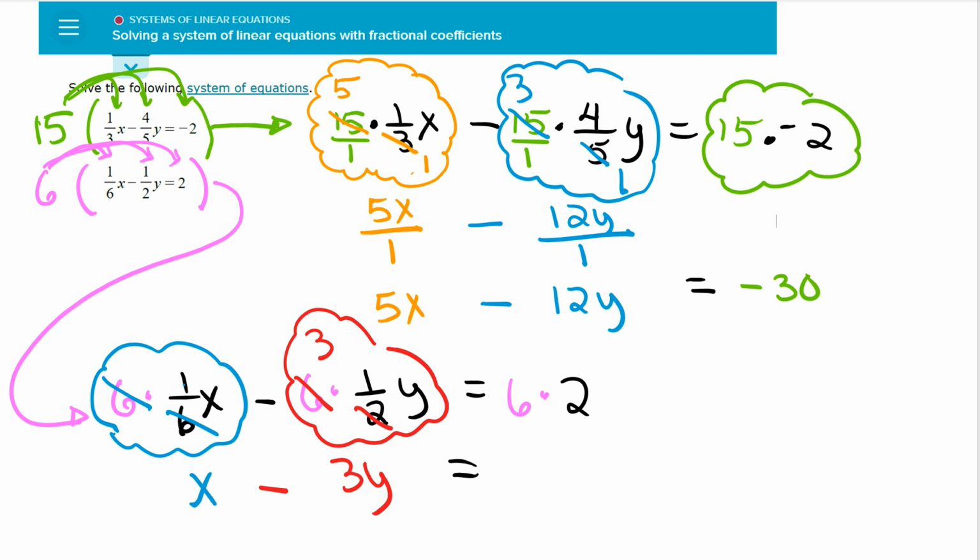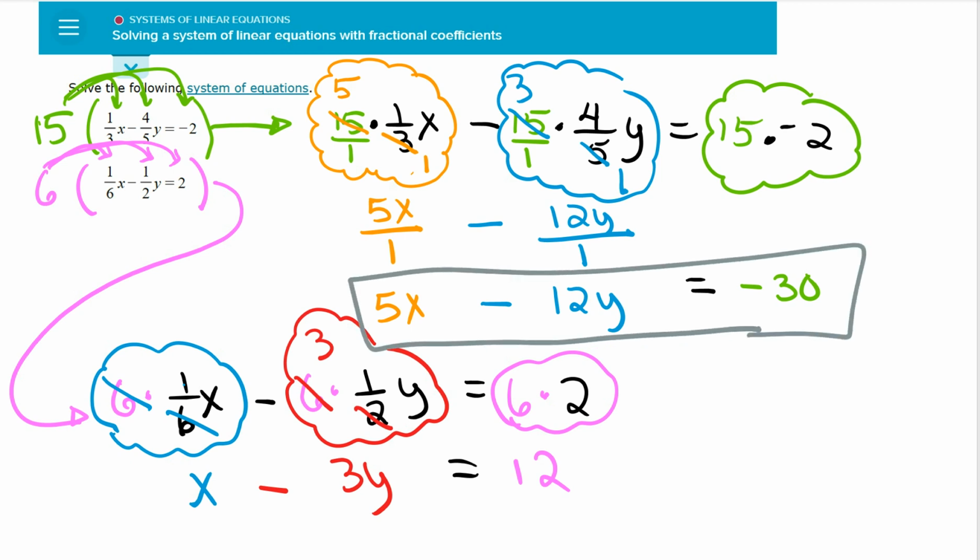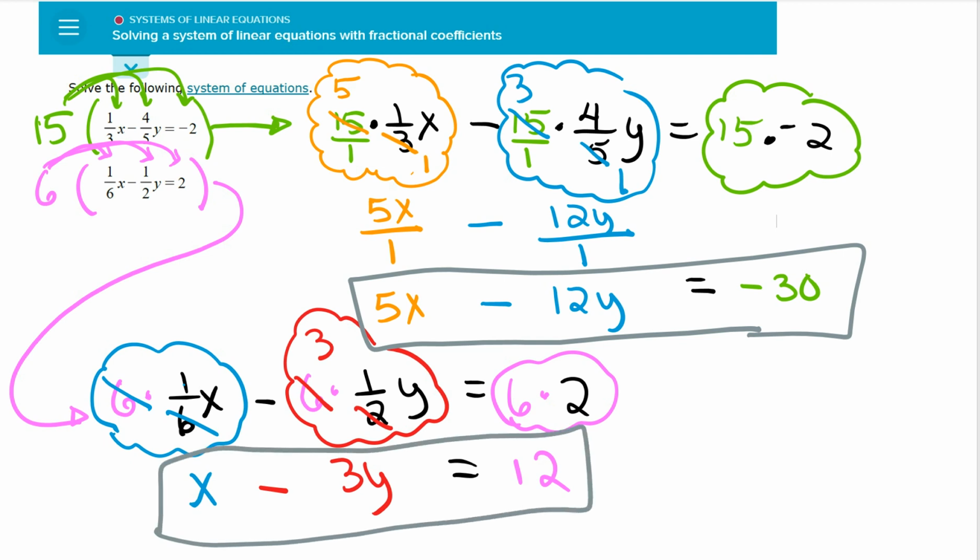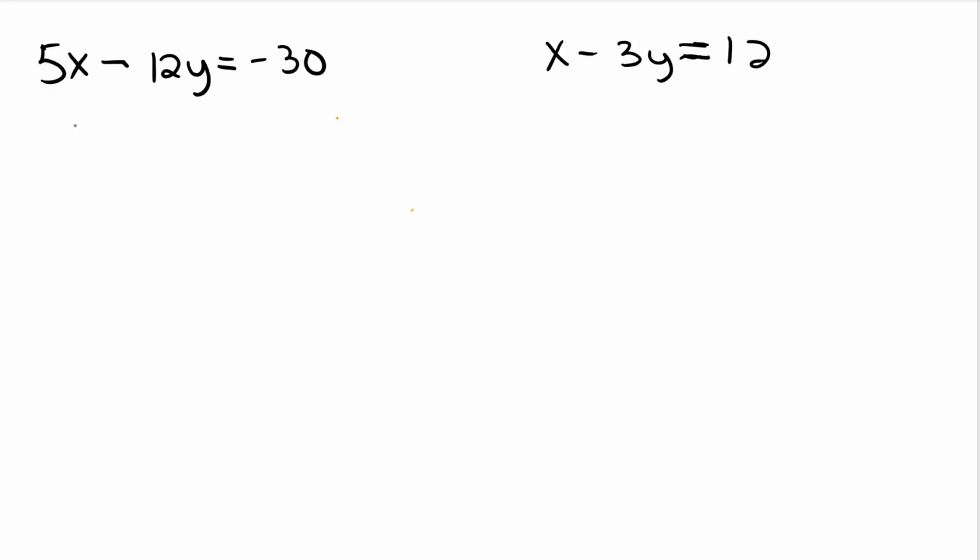And then that's just going to equal, this is just 6 times 2, so that's 12. So now what I have is this equation here and this equation there, which I'm going to take and either solve by elimination by addition or by substitution. I have to decide. So I'm going to pause it and do another page.